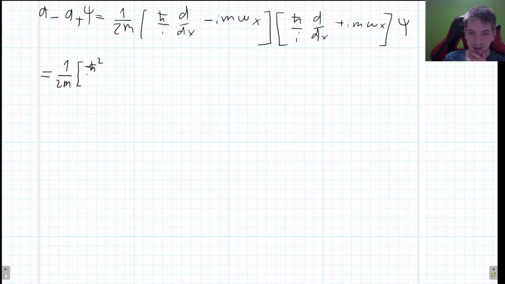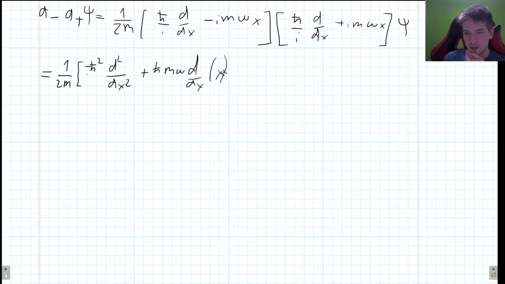So the first term is just going to be minus h bar squared d squared dx squared. The second multiplication will now be h bar m omega, very important, d by dx of x, and I can just go ahead and write it down immediately.